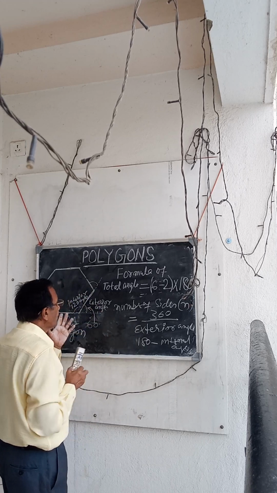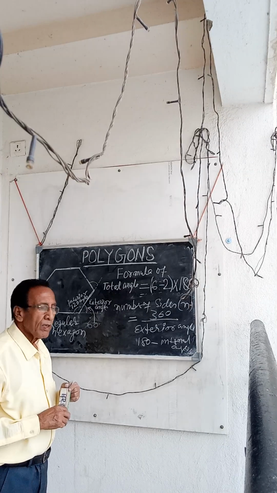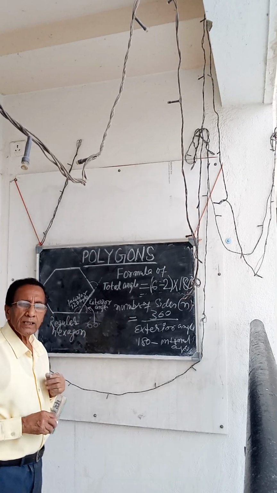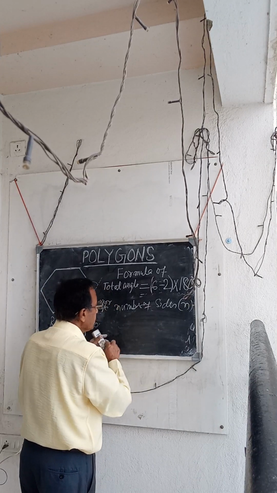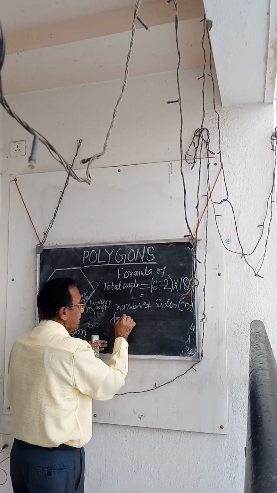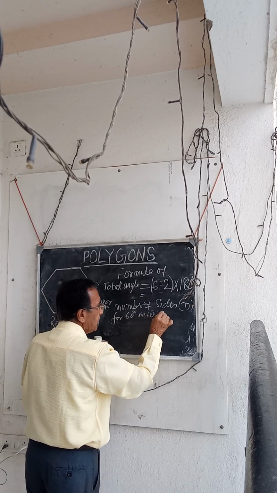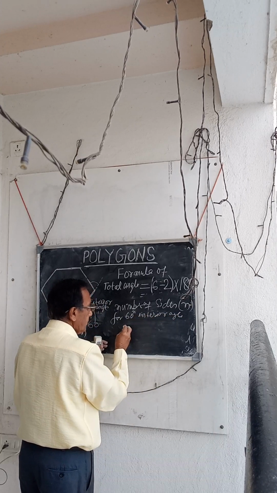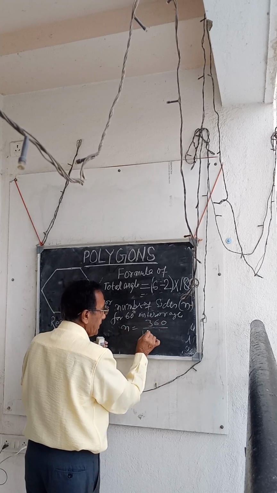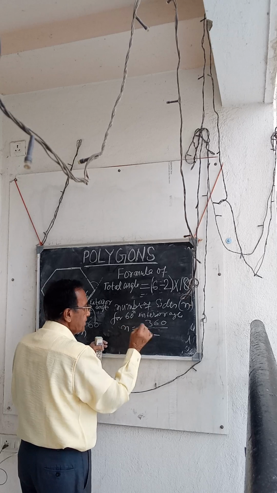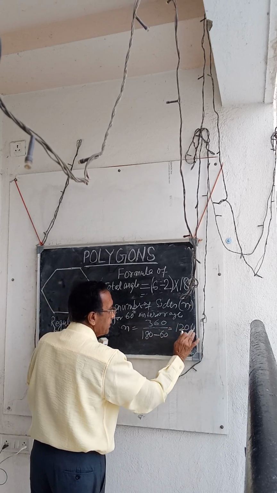Suppose we have to find the number of sides for a 60 degree interior angle. Then we will put n is equal to 360 divided by 180 minus 60. It will be 120.